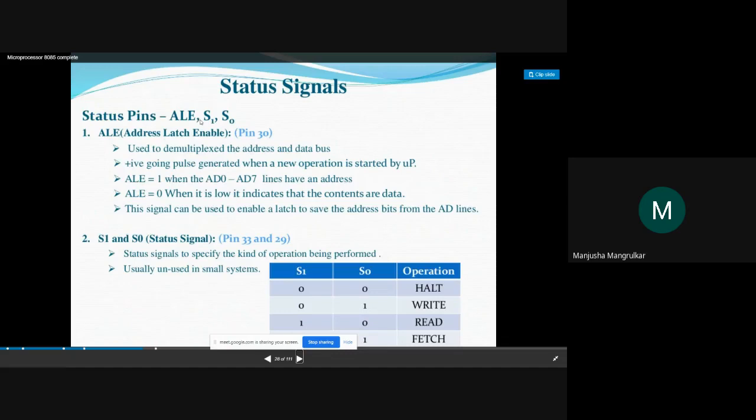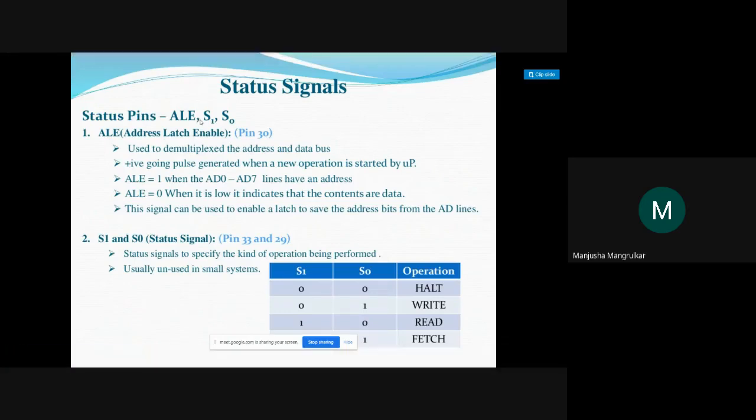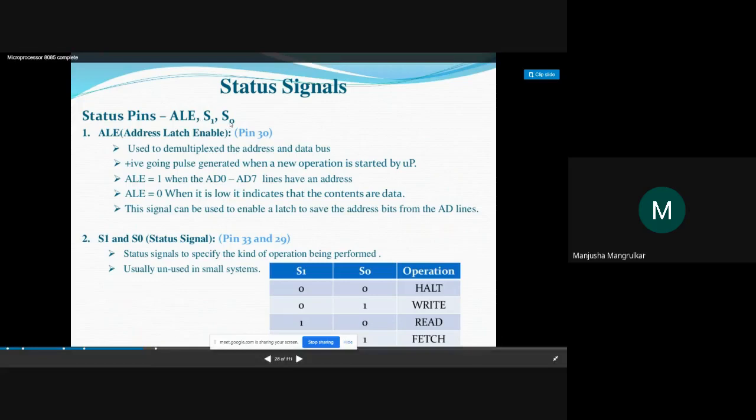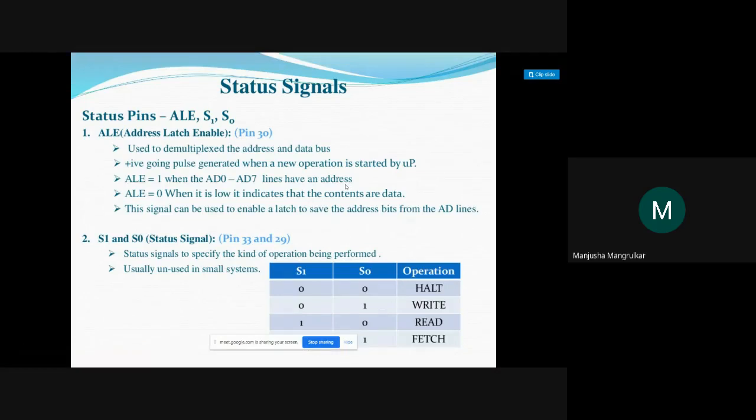There are three status pins: ALE, the address latch enable, S1 and S0. Address latch enable is used to demultiplex the address and data bus, that is AD0 to AD7. If ALE is 1, meaning active high, the AD0 to AD7 lines carry only the address, A0 to A7.